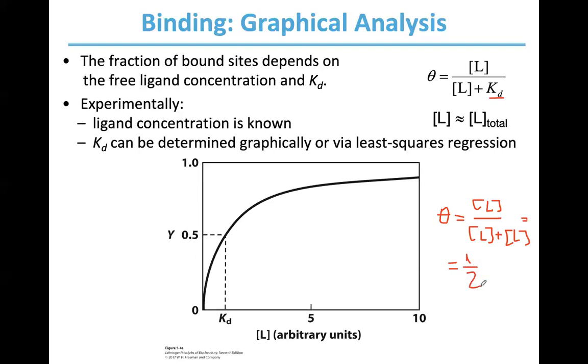So what this tells me is that KD is the ligand concentration at which half of all the binding sites are occupied. And it can be easily found using this curve.